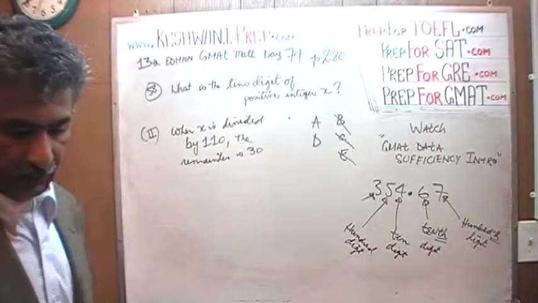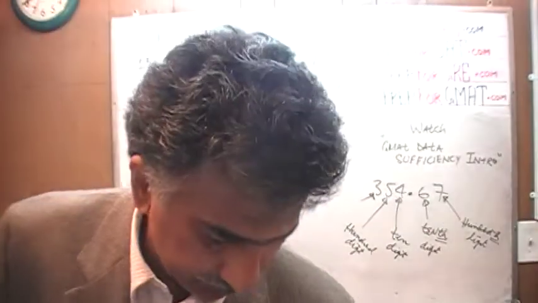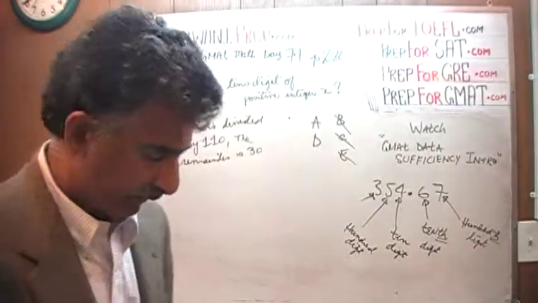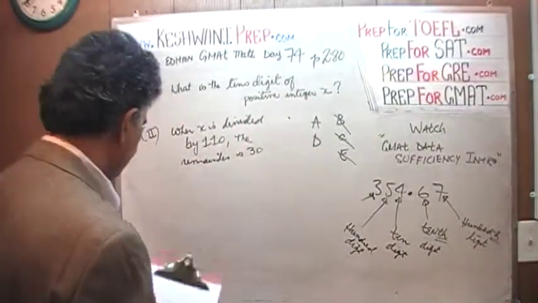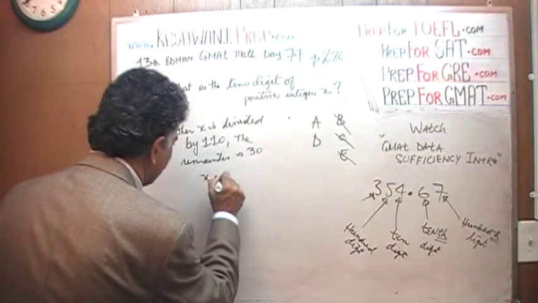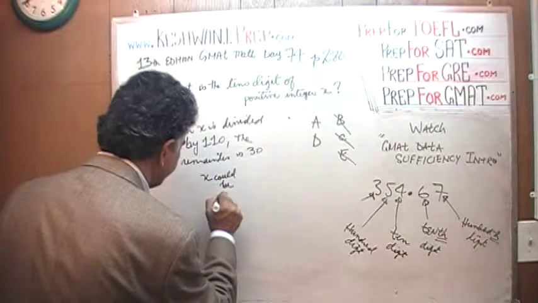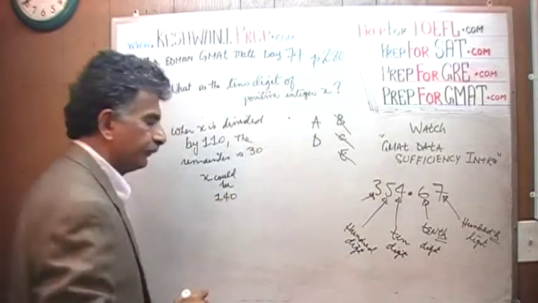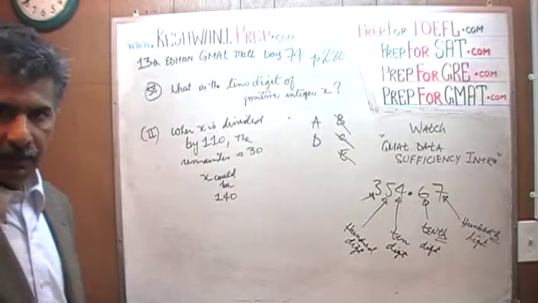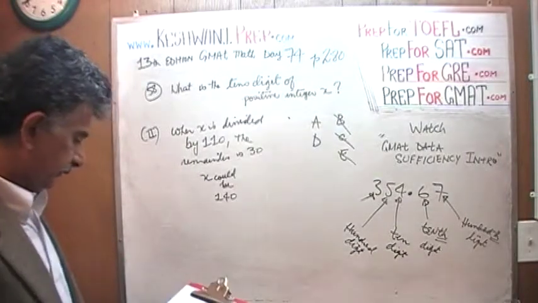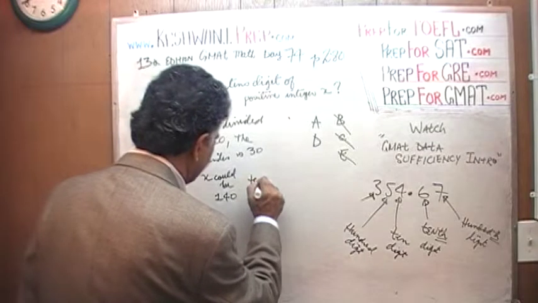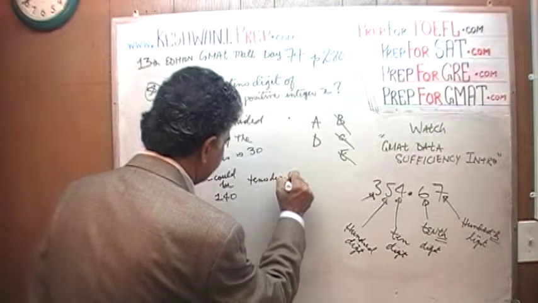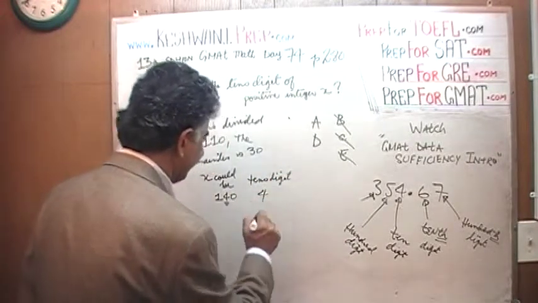Well, now since we are dividing by 110, x could be 140. 140 divided by 110 will have a remainder of 30, in which case the tens digit would be 4.